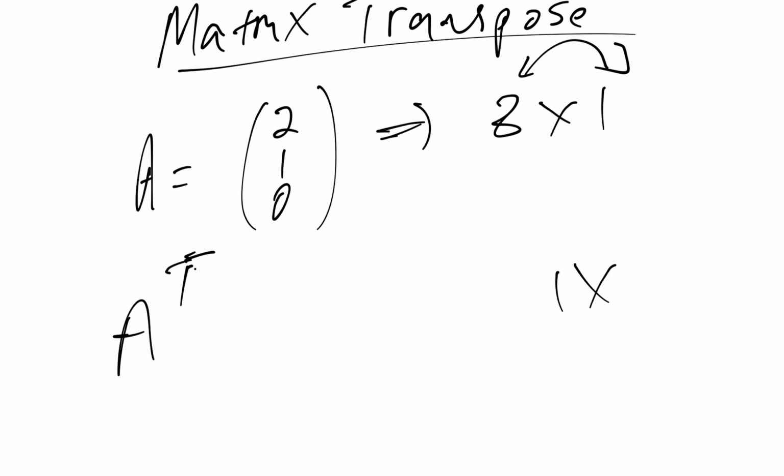So you expect a matrix that has one row and 3 columns. The first column, 2 1 0, will become the first row. So now it's 2 1 0. Done.